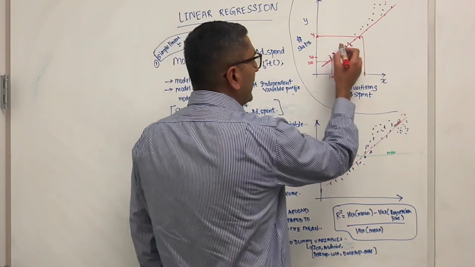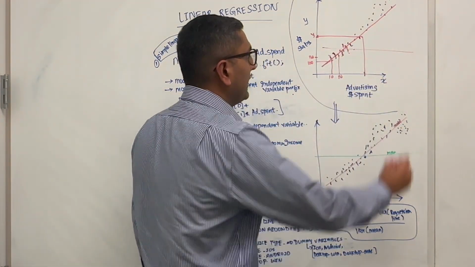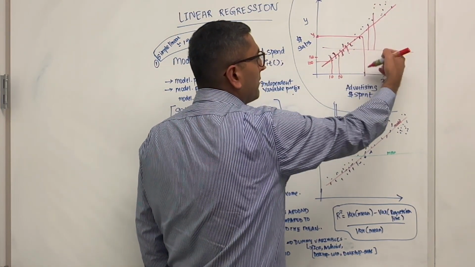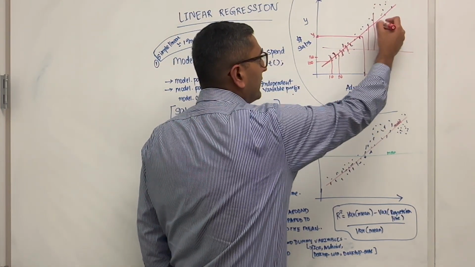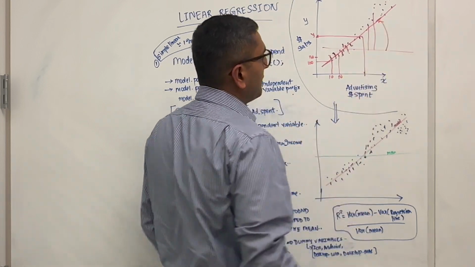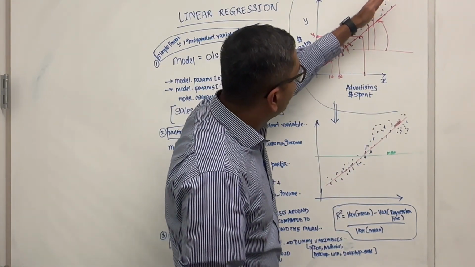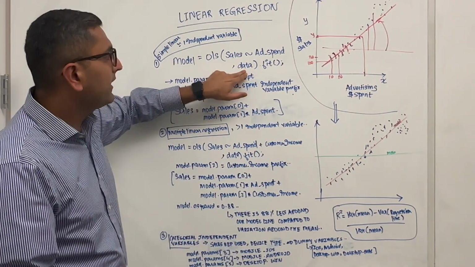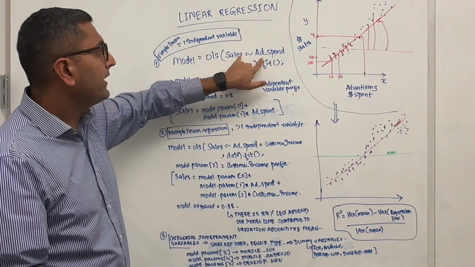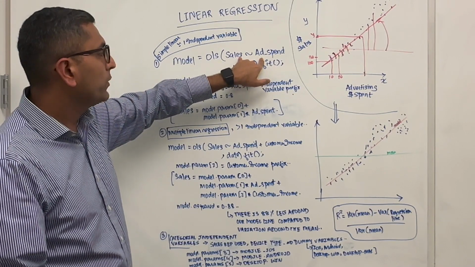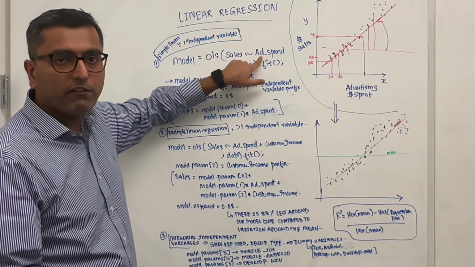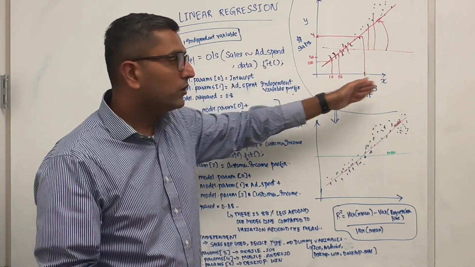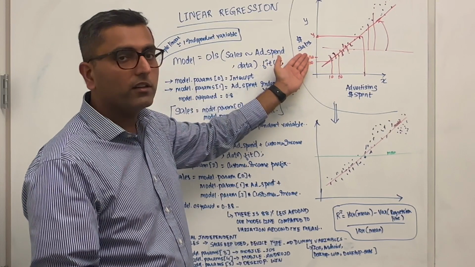Because you could also have a line that looks like this, but then the distances would be way higher compared to this line. It will be much lower for this line because it is closely representing what the data is telling you. So that is very powerful. Given data, we can find a technique which helps us predict sales based on ad spend. Similarly, you could have many such variables that you can use as input, and you can predict your output y.